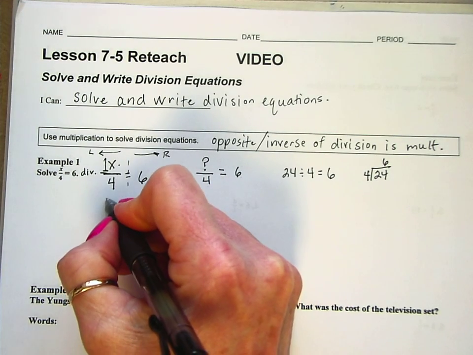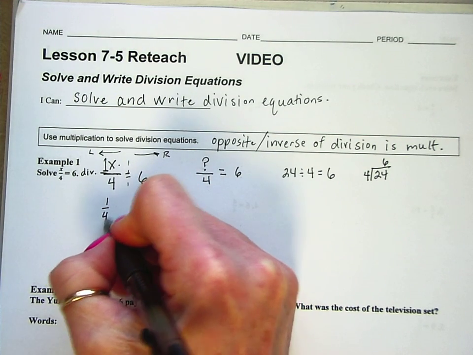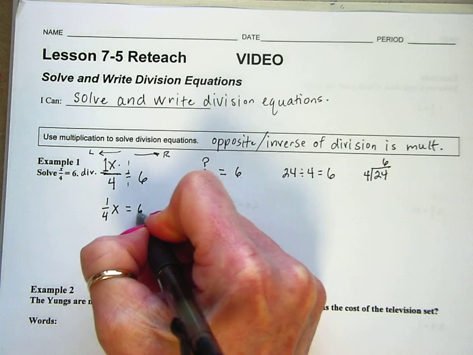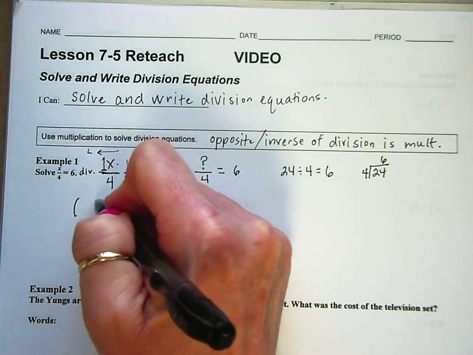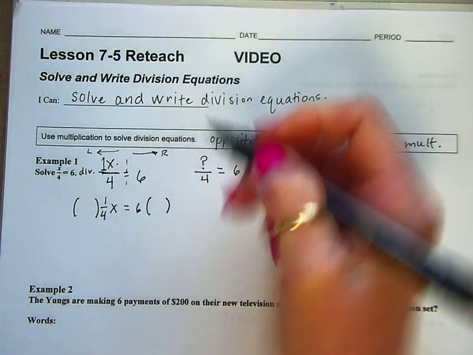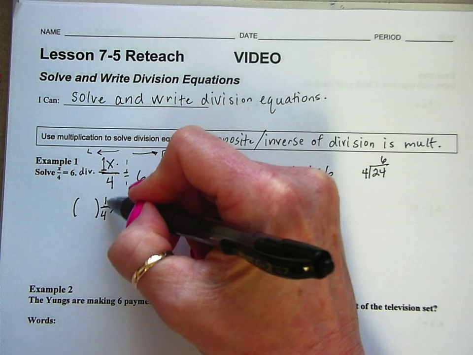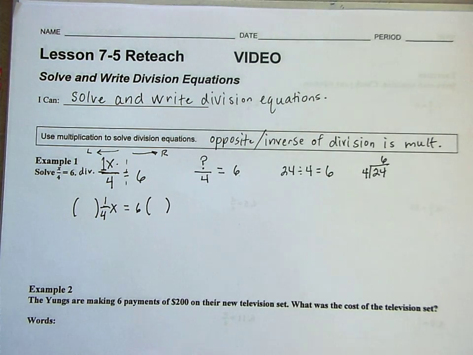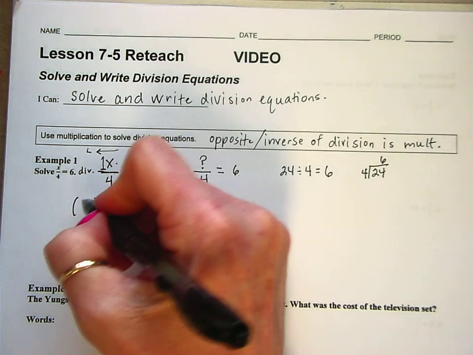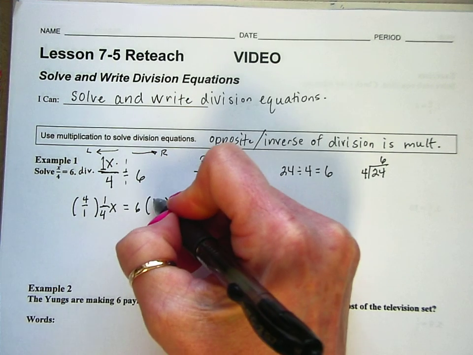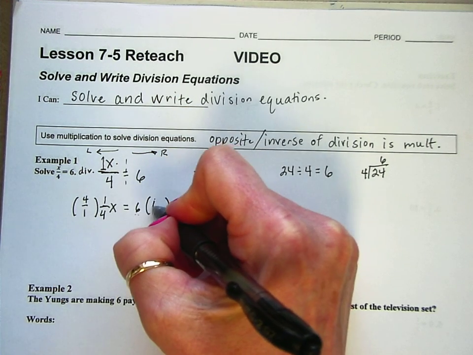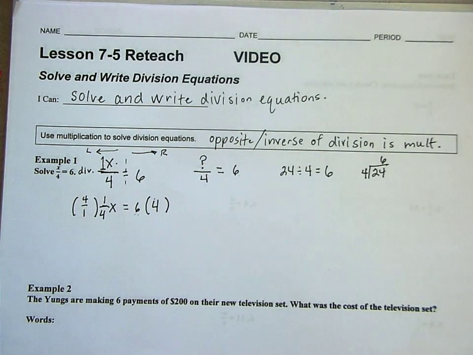So we are going to multiply both sides, and that's how we're going to represent multiplication, by what we call the reciprocal of 1/4, which is 4 over 1. Because this is a whole number, I can just simply write my 4 over 1 as a 4.